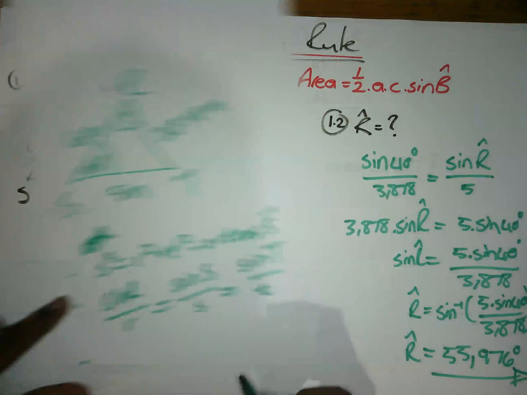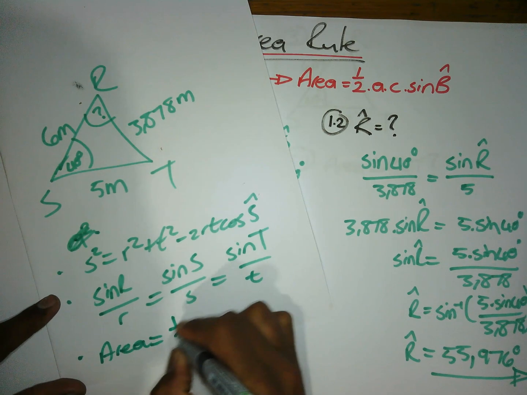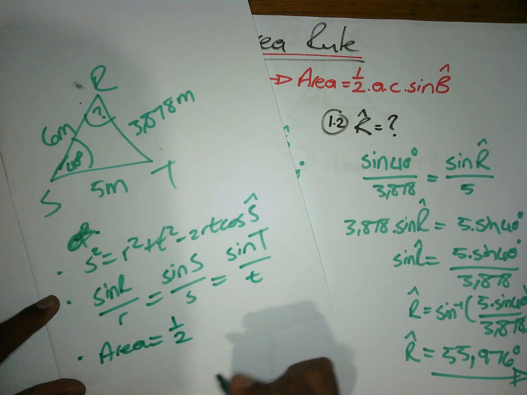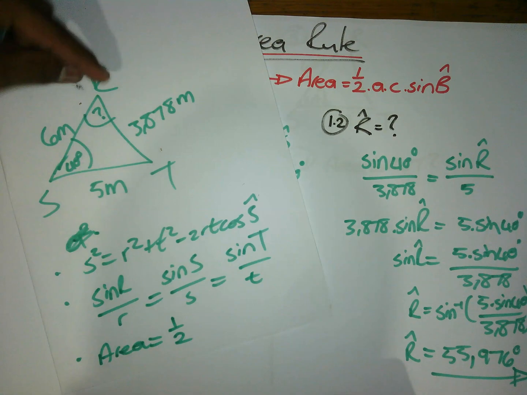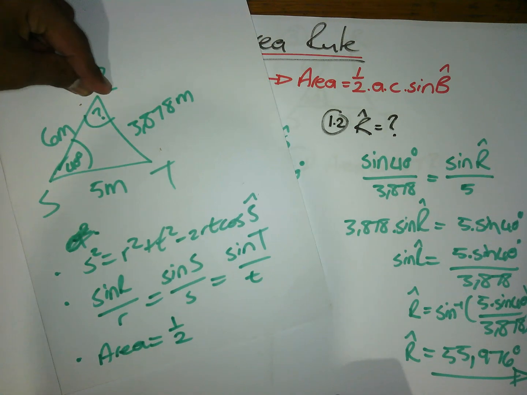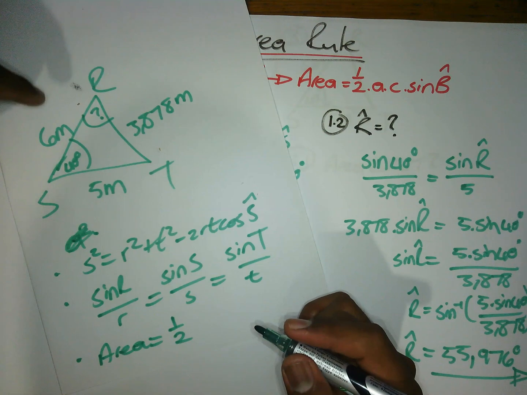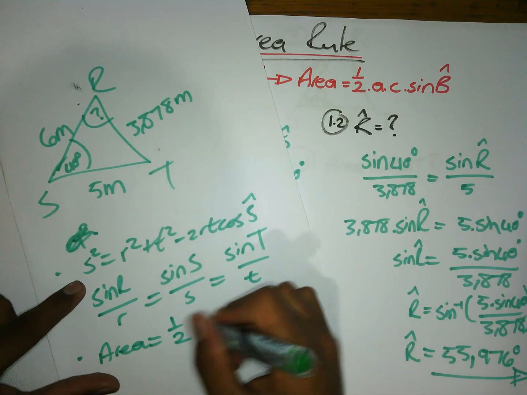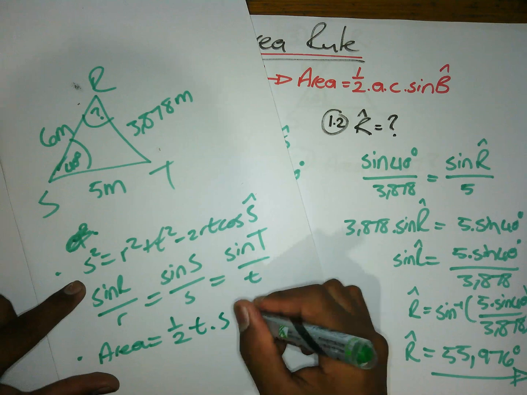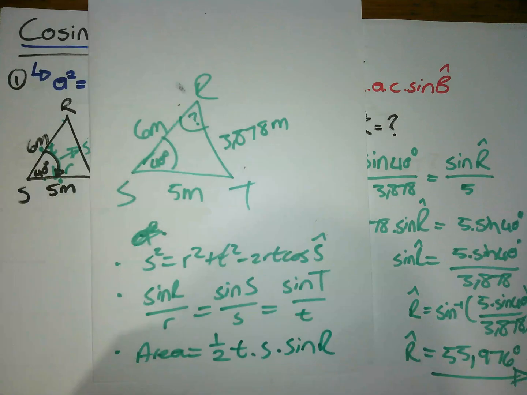For area, if we're looking for this one, it's going to be this and this, so small t and s sin r.